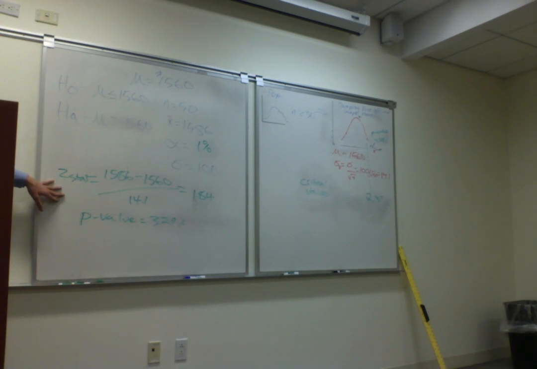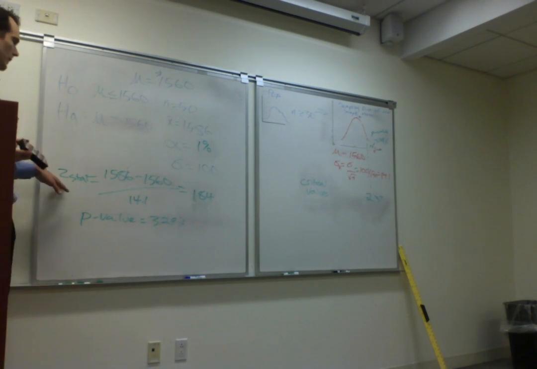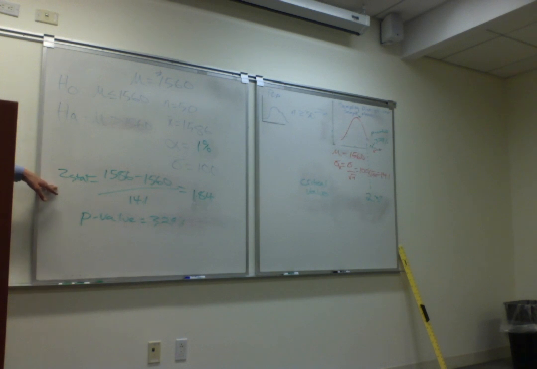Remember, if it's 1, that's within 1 standard deviation. 68% of the time it's going to be in that range. If it's 2, 95.5% of the time it's going to be within that range. If it's 3, then we're getting into an extreme scenario in which it's rare that we would have a Z stat that extreme.